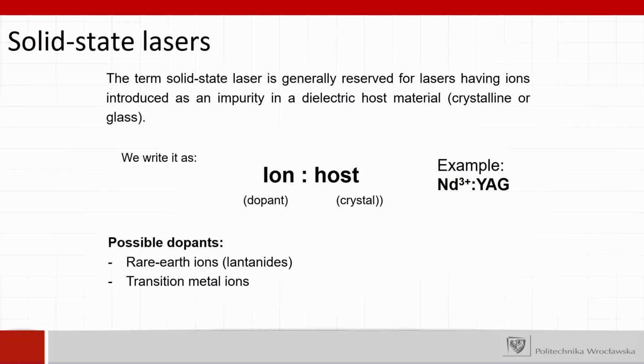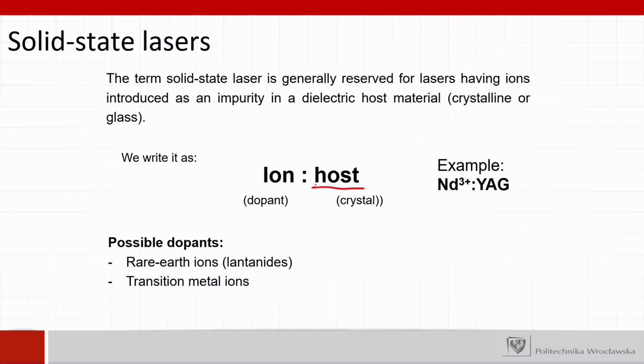So solid state lasers are, as you can guess from the name, lasers that are based on some kind of solid material, like crystals, glasses, or also fibers. In general, this works in a way that we have some doping, some impurities, some dopants in the solid state material, which is dielectric, which we call a host material.